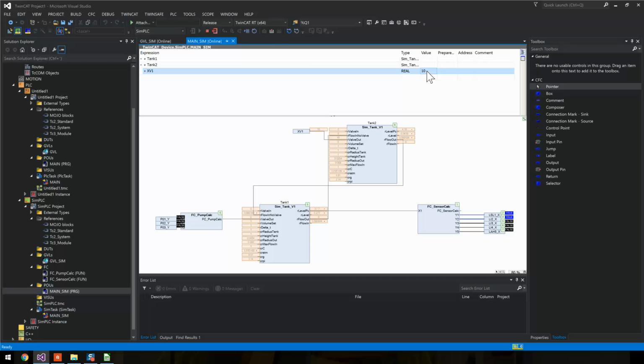Let's see if we can make it go faster. 100% open manual valve. There, that emptied it. Now the level is back at 31.8%, which means the 3 first load sensors are true.